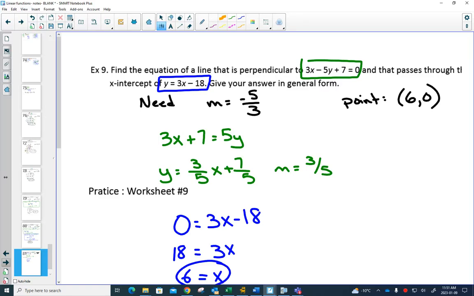I'm going to make this point x1, y1. I'm going to use point slope form, y minus 0 equals negative 5 over 3 times x minus 6.